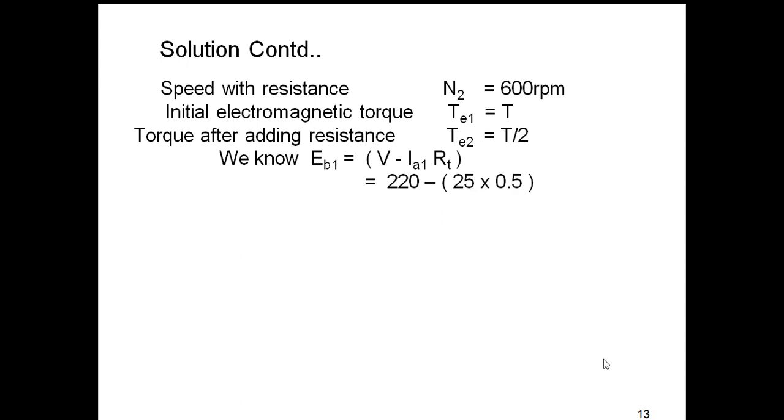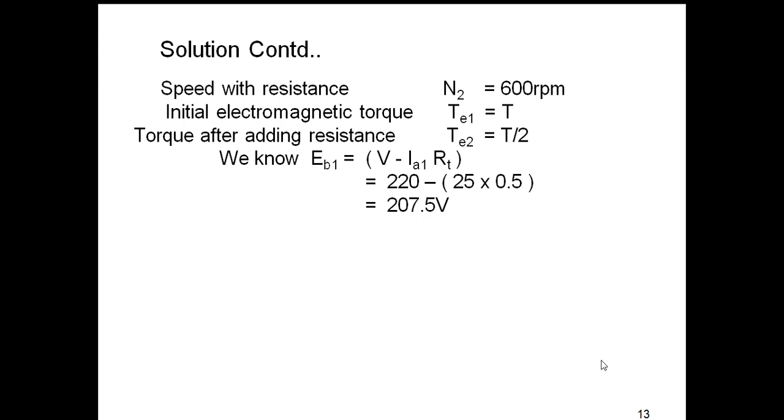If we substitute the values in the above equation, we get 220 minus 25 into 0.5.